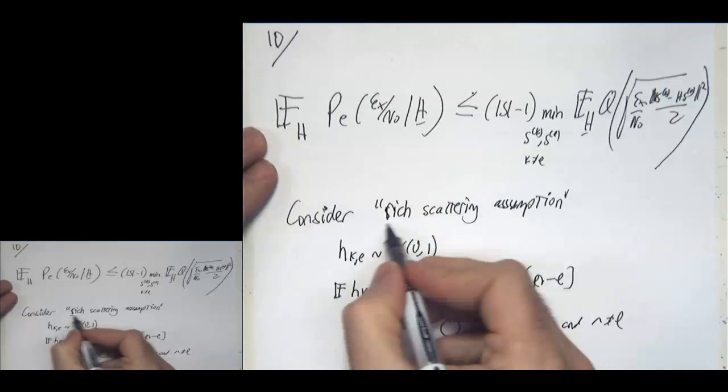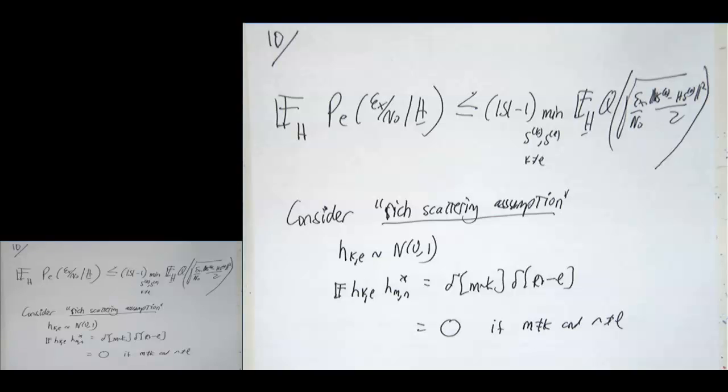So in the rich scattering assumption, the channel is basically just Rayleigh for every transmit-receive antenna pair, and it's independent between all of them here. So that's pretty much it here.